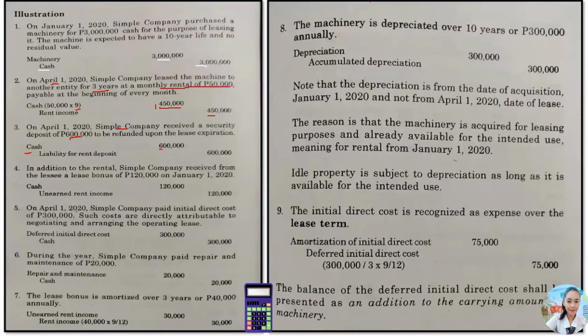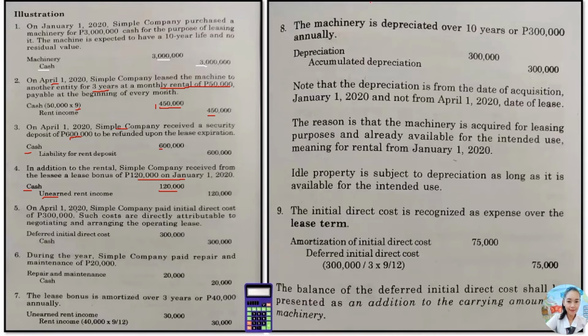Now again, kani si lease bonus is i-amortize siya over the lease period. So pag-receive ni Simple Company sa lease bonus, mag-record siya debit cash 120,000 since naka-receive man siya ug cash, and then ang credit is unearned rent income nga 120,000.